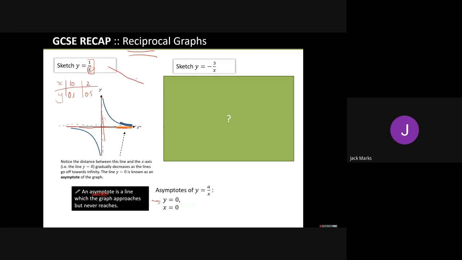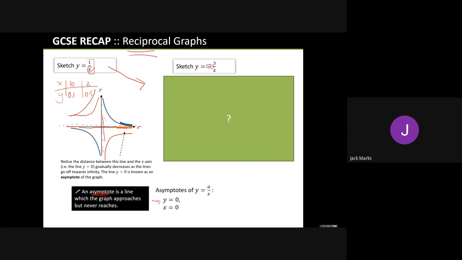And you can use this graph to help you sketch more complicated versions of this. You can think of them as being transformed. So for example, if we make this negative, negative 3 over x, it's going to move the right to the left, and here the left to the right. What's multiplying by 3 going to do?